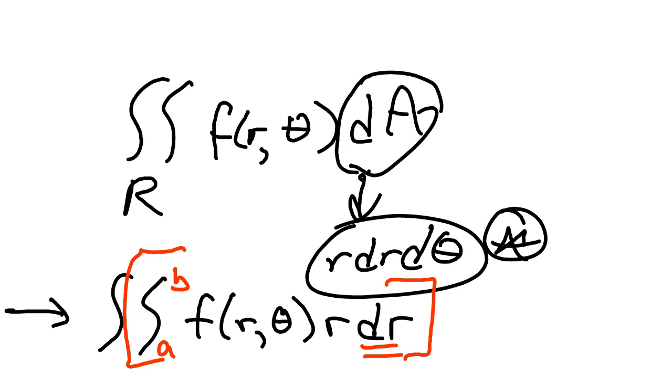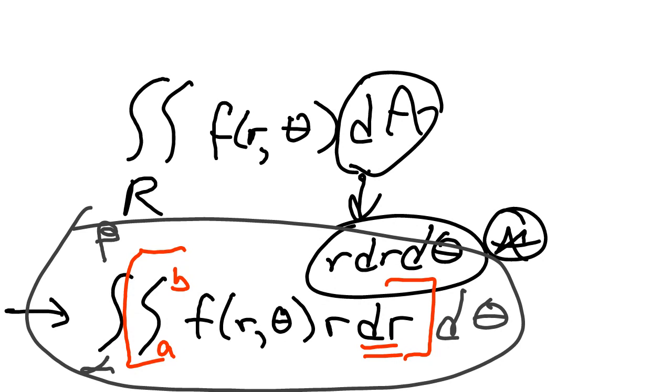And then d theta after that, r dr d theta. What was theta going from? Theta goes from alpha to beta. So that was the picture that we had, and the r dr d theta is what our dA is here.